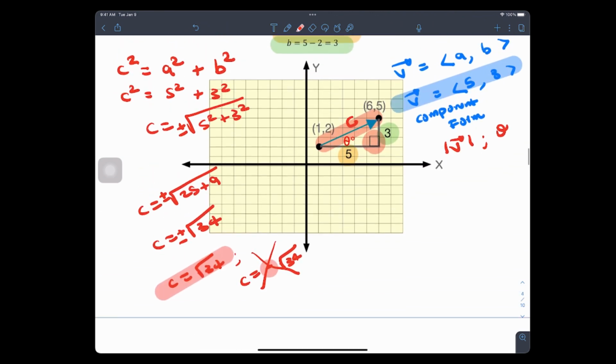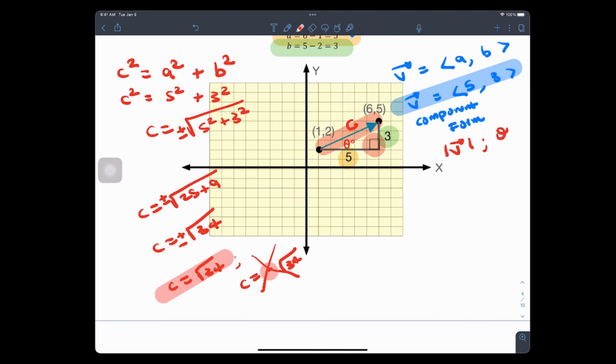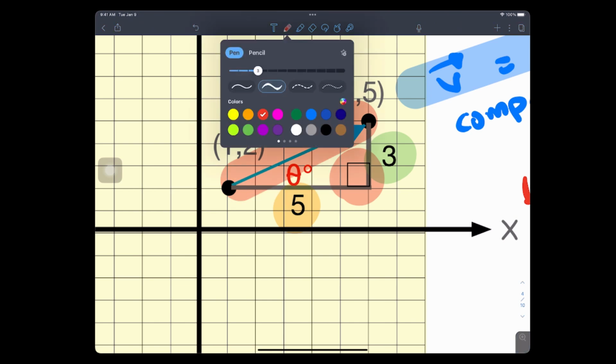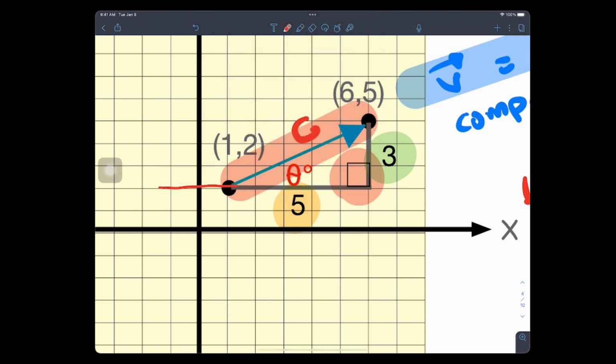All right, now, ladies and gentlemen, you might say, okay, that's all fine, but how do I find the direction that this vector is pointing? Well, what they mean by direction is, there's a horizontal here, there's length out, and you're going to try to find theta.